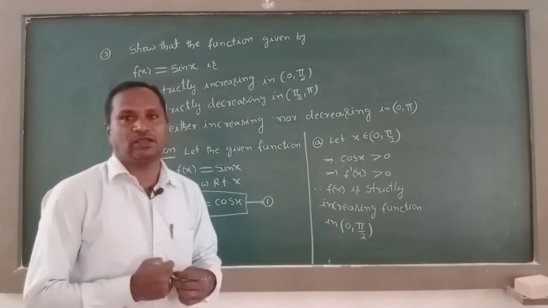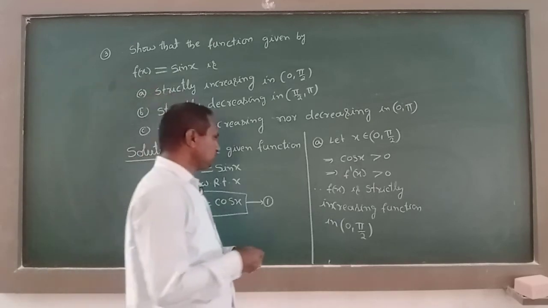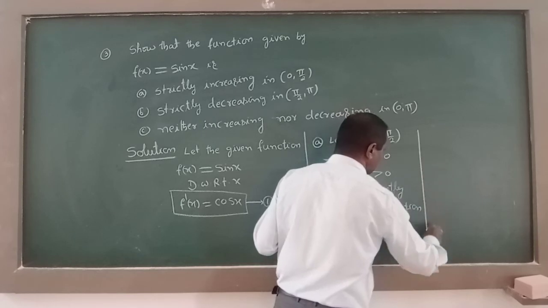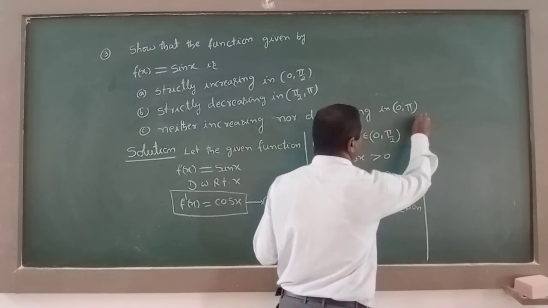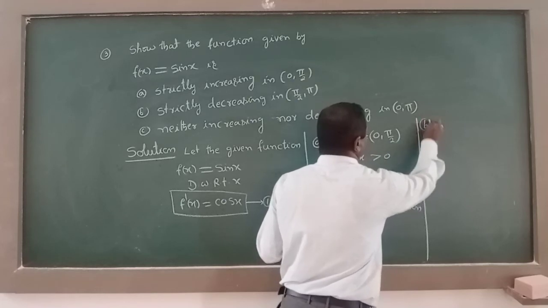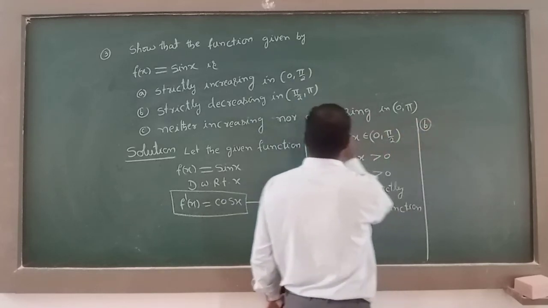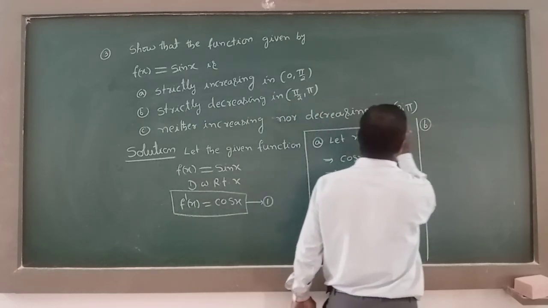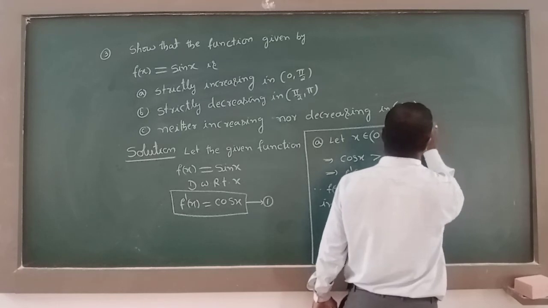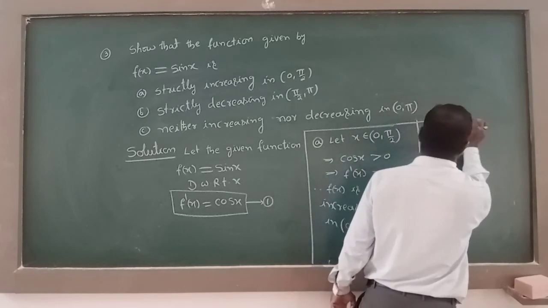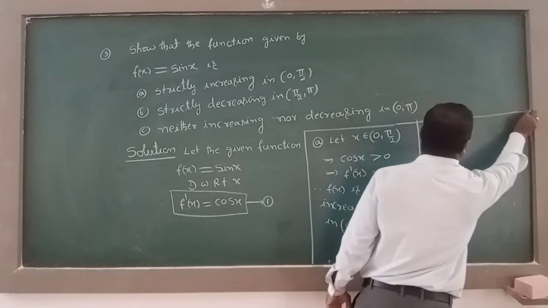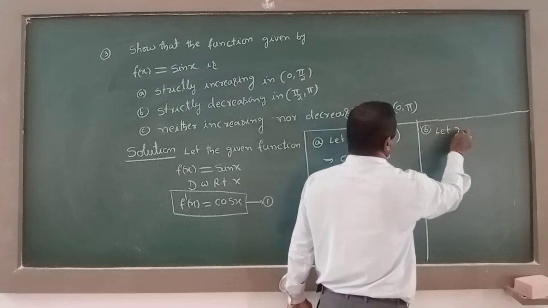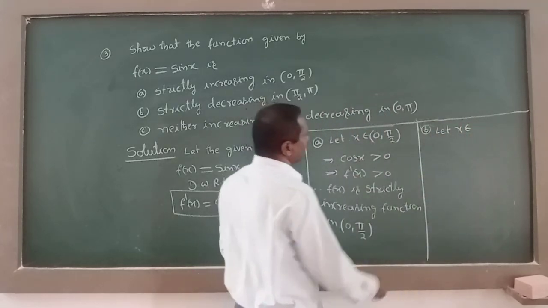Now we are going to give the answer for the second question. Let x belong to pi by 2 comma pi.